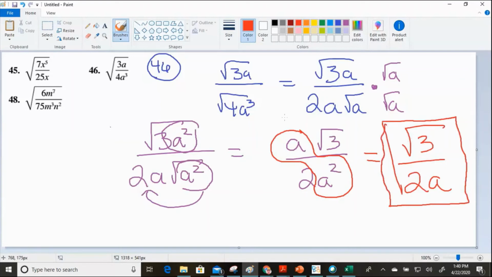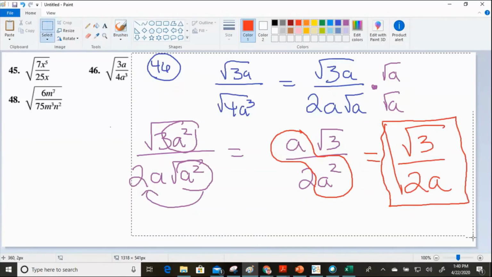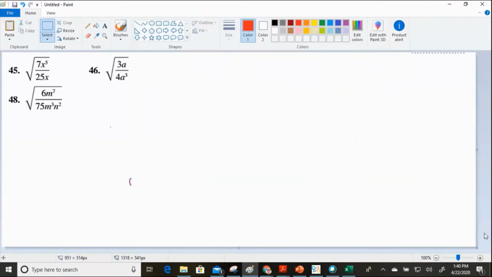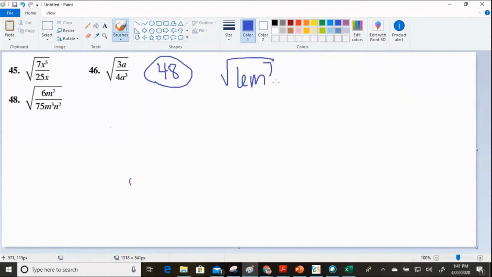Okay, so number 48. Split it. And then simplify.